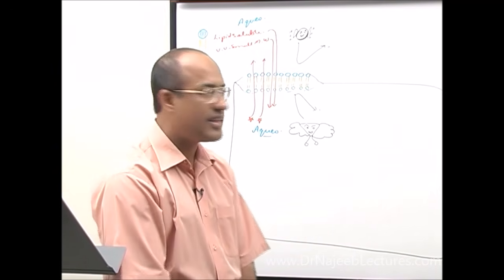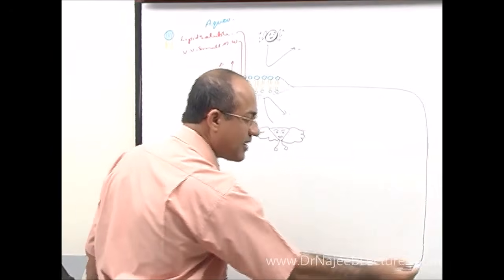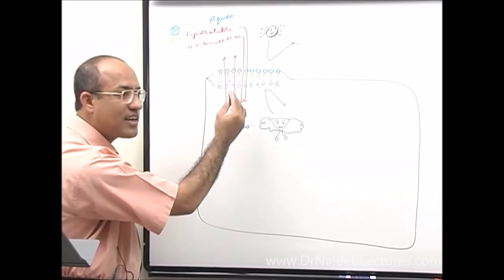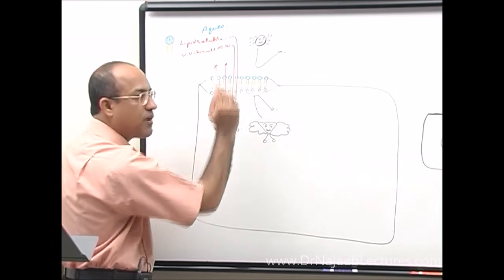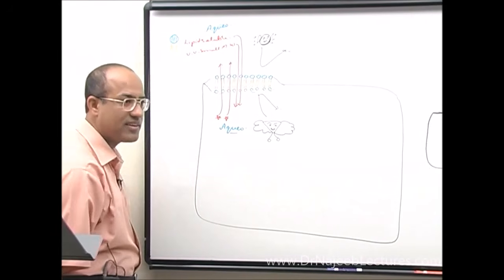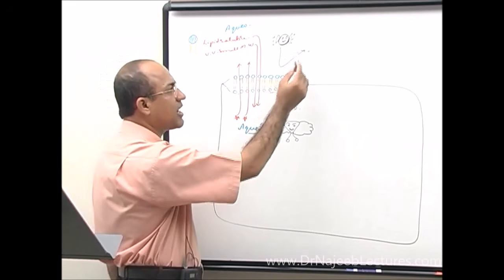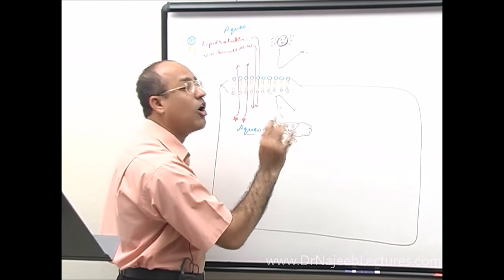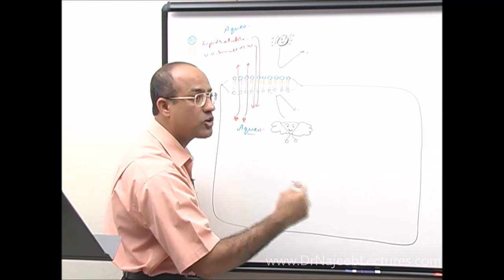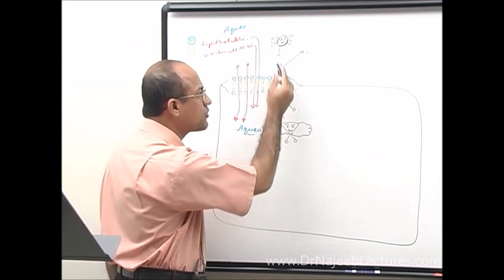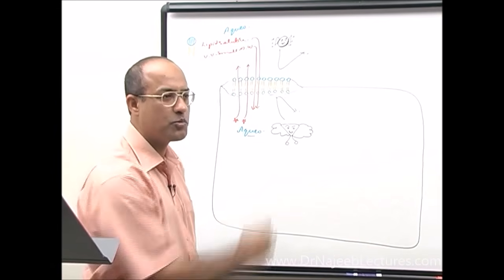It means that this lipid component of the membrane provides the permeability barrier for the large compounds and for the highly polar compounds, so they cannot pass through the membrane. If some very large, polar, or charged molecule has to move through the membrane, it has to have some special facility to pass through.